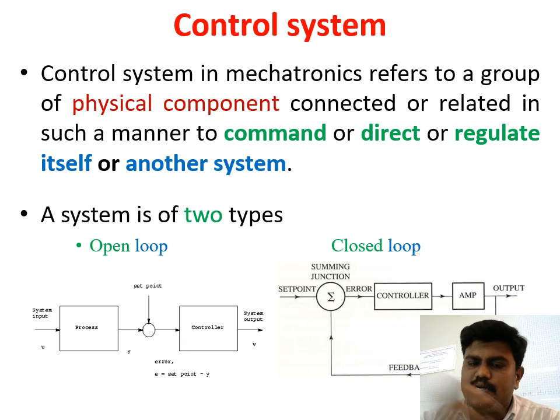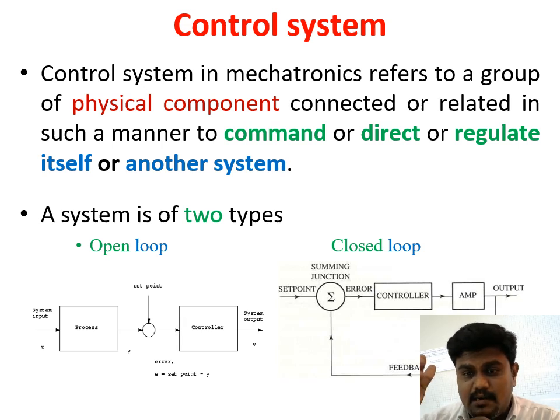So what about a closed loop control system? When you talk about a closed loop control system, you will definitely have some sort of intervention on the output that is being produced. The output can be measured, and some part of your output can be sensed and given as a signal to the input measuring instrument.